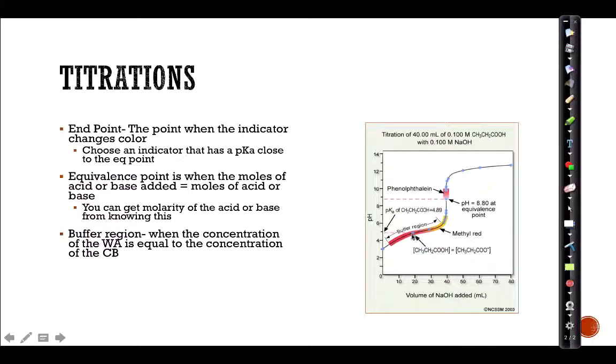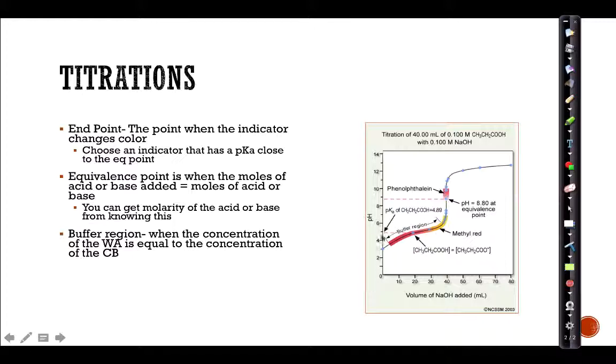Well, when you get to about here, about halfway to the equivalence point, the amount of your conjugate acid with your weak base, or vice versa, will be equal. So at this point, the pH is not changing very quickly, it's going up just a little bit, just a little bit. This point is the buffering region.